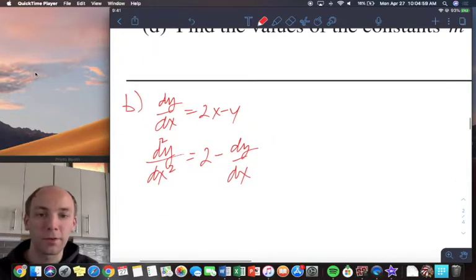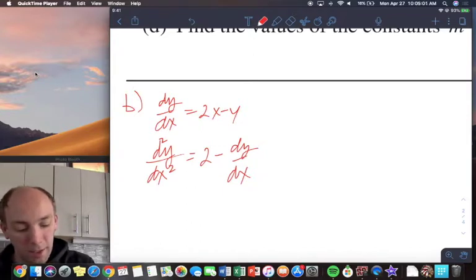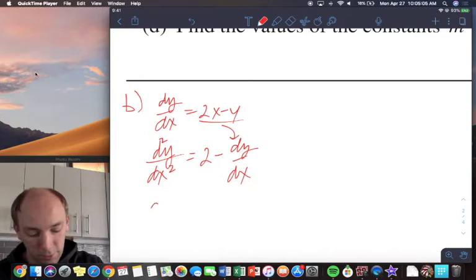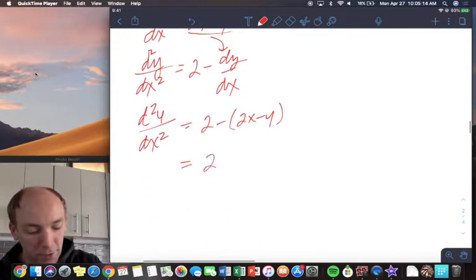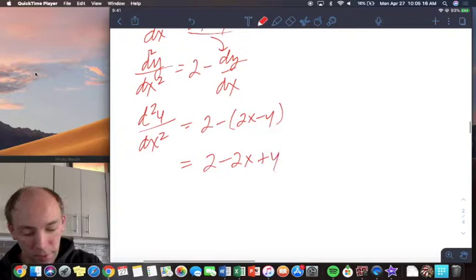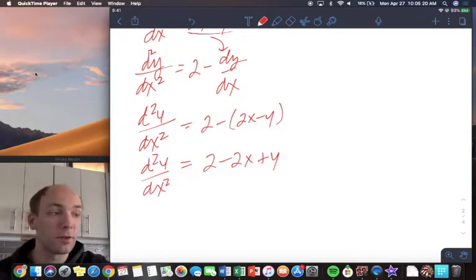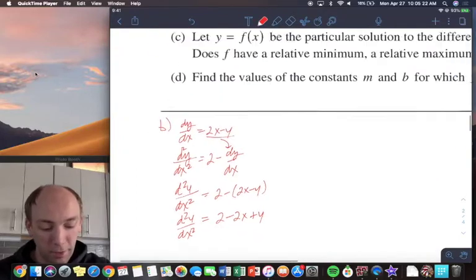Now this is maybe where it's a little bit tricky because we have to take the dy/dx and substitute that in. Okay, so d squared y over dx squared equals 2 minus (2x minus y). Simplifying it, 2 minus 2x plus y. Okay, so that's my second derivative, but I don't think that's everything it wanted us to do, right?